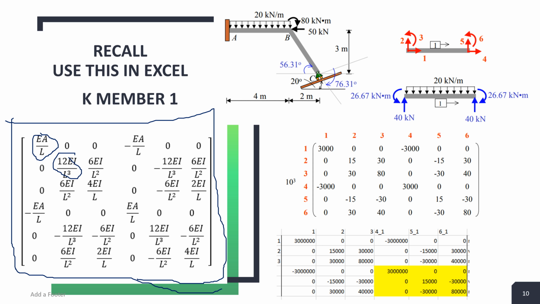Again here, if you check, is it symmetrical this way and that way? So just substitute the values EA and L, then you arrange the matrix as shown. So this is the Excel solution.